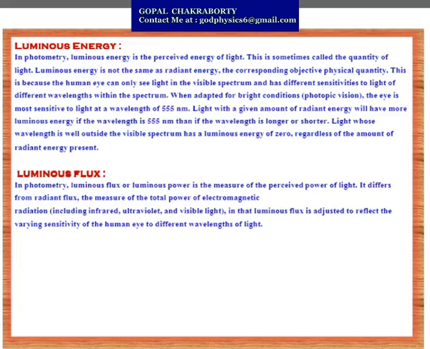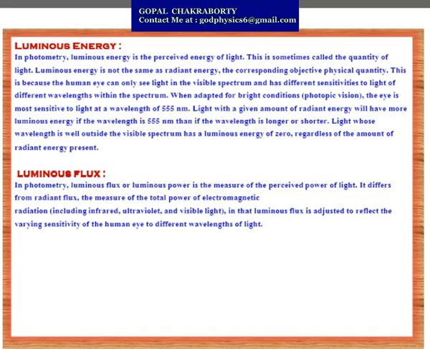Next, the first one is called luminous energy. In photometry, luminous energy is the perceived energy of light. This is sometimes called the quantity of light.